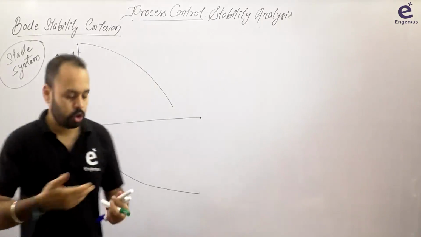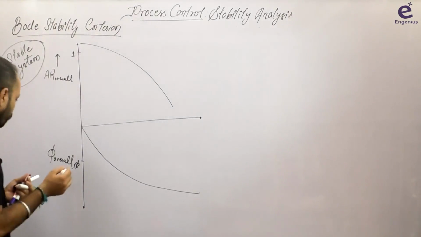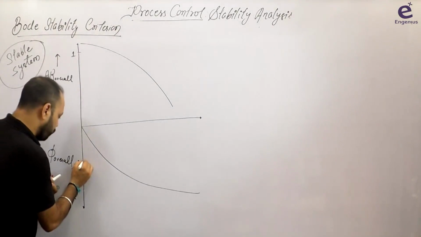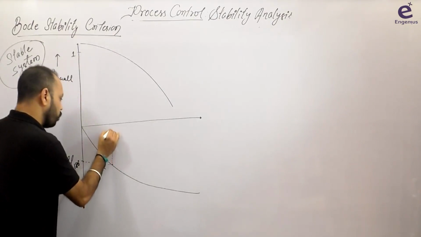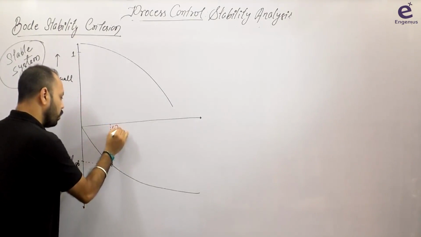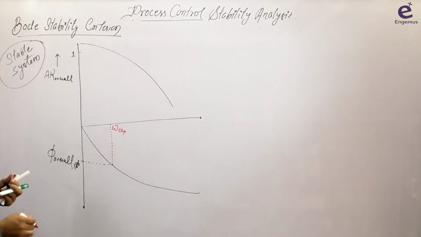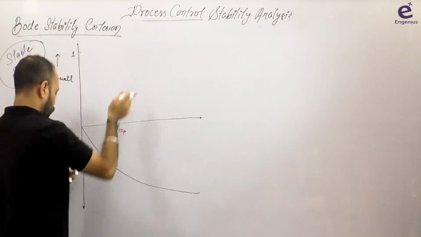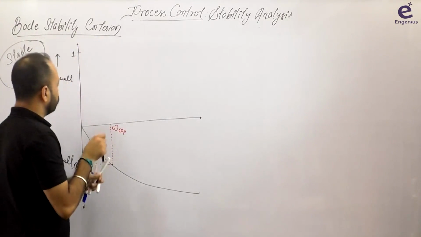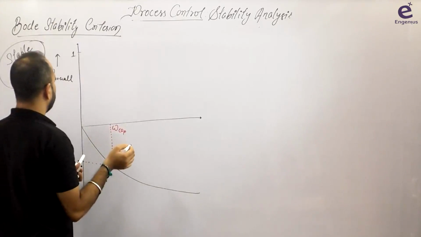So can you show here where is the phase crossover frequency? See, if phi overall is minus 180 degrees, corresponding to this, the frequency must be omega COP, phase crossover frequency, correct? Now at this phase crossover frequency, let me actually manipulate this graph because otherwise I won't get a stable system. Right, AR must be less than 1, right?